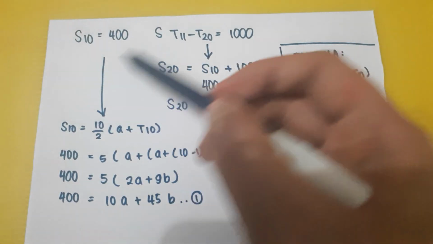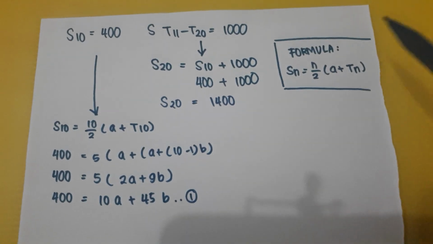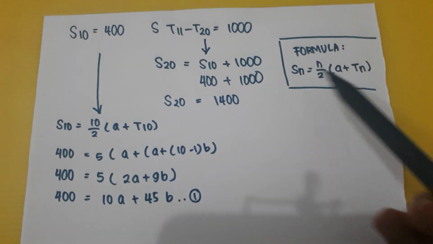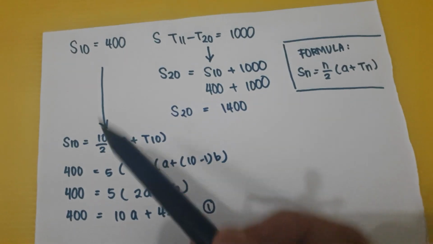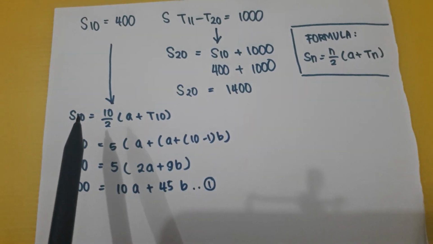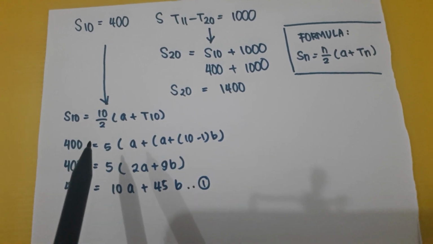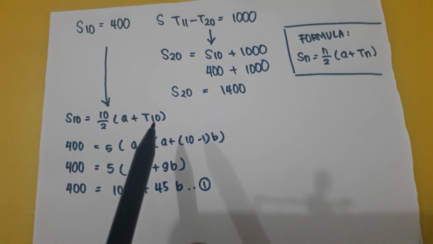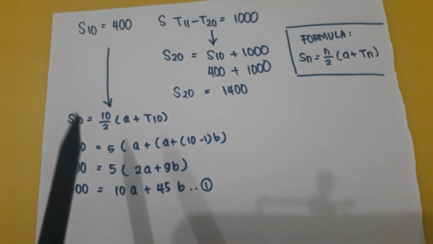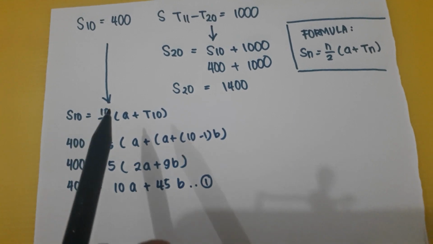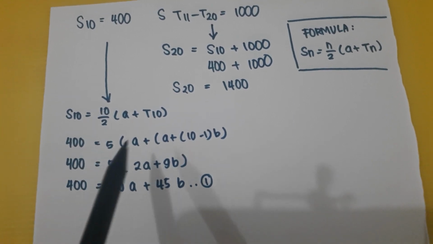Next, we can work this out using this formula of sum n. We can substitute n with 10. So the sum of the first 10 terms will be equal to 10 divided by 2 times a plus the 10th term. The sum of the first 10 terms is equal to 400 and 10 divided by 2 is 5.